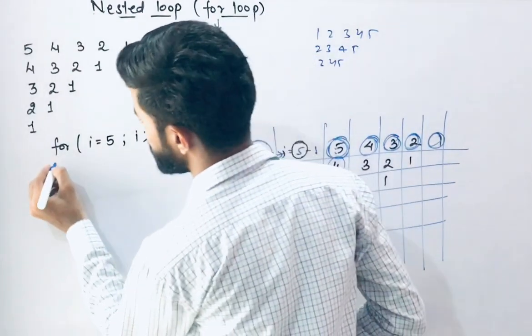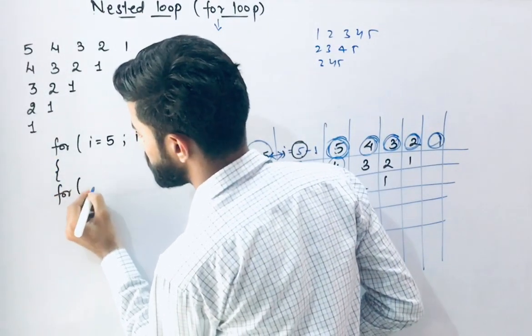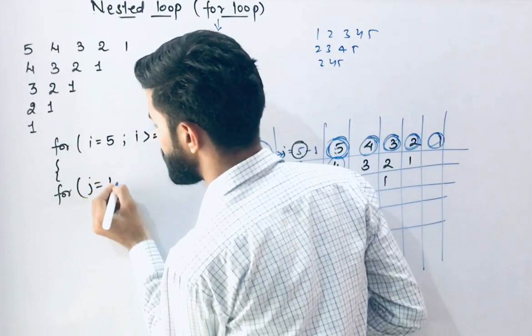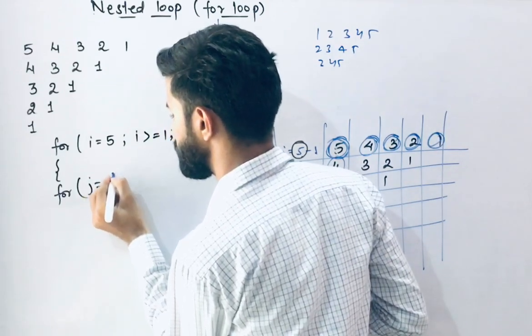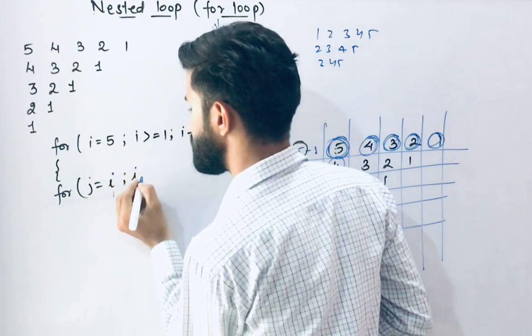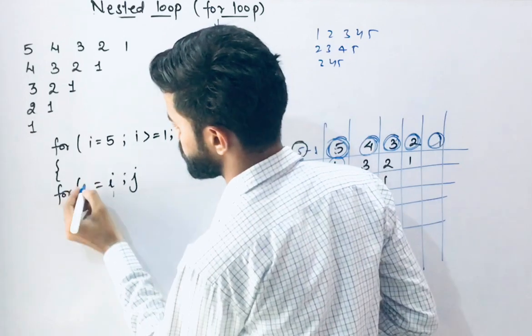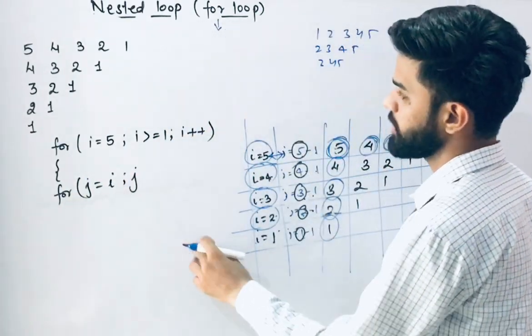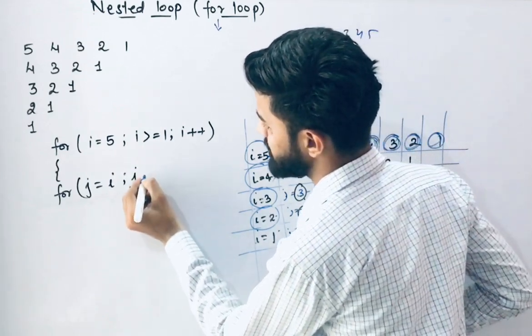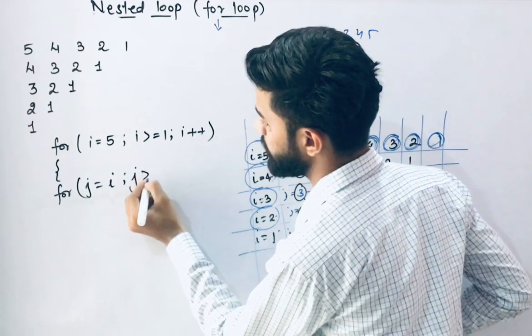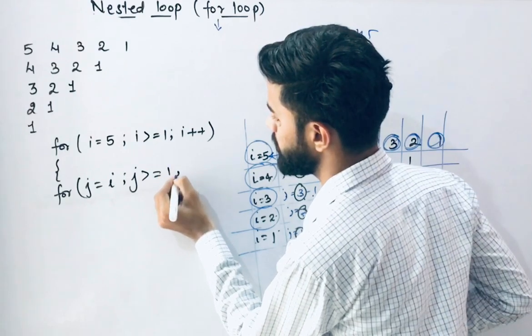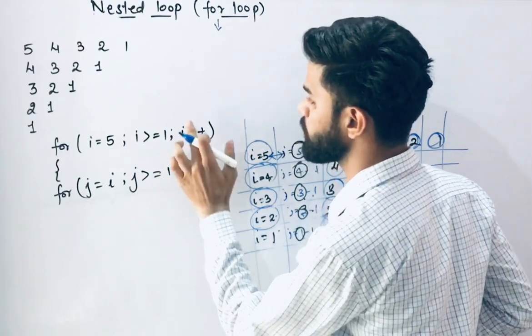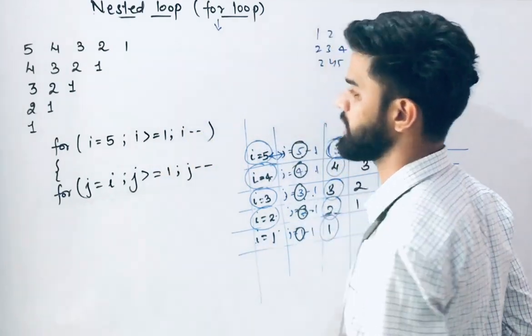So now we can write here for j equals I, and j is greater than or equal to 1, and j minus minus. One more thing: here it is also I minus minus.